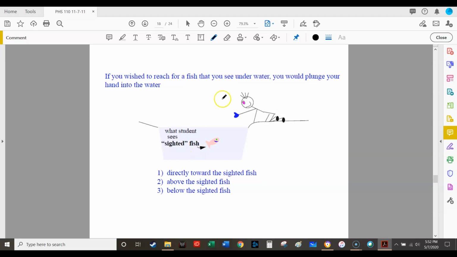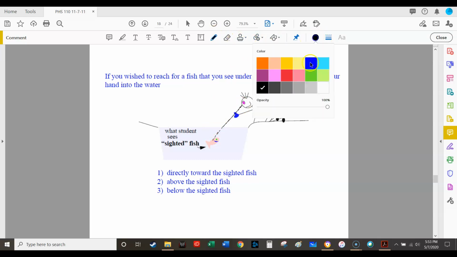Okay. Well, we are seeing the fishy right here, okay? So we're seeing the fish right here. However, here's the interface, so I'm going to draw the interface with a different color.